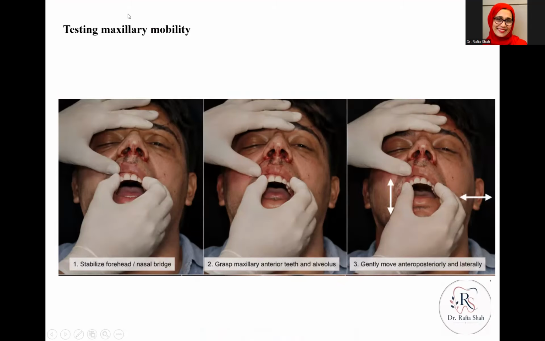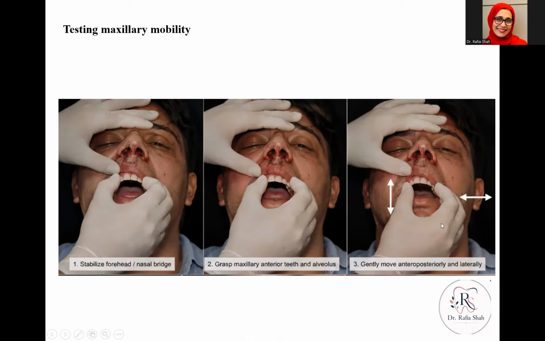So how do we check maxillary mobility? We make the patient sit with the head rested properly, and after stabilizing the head with one hand, the surgeon tries to move the maxilla of the patient. If there is a Lefort 1 fracture, when he grasps the teeth, he will move them anteriorly, posteriorly, upward and downward.